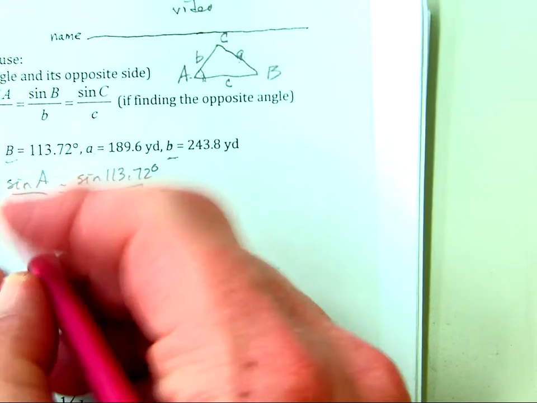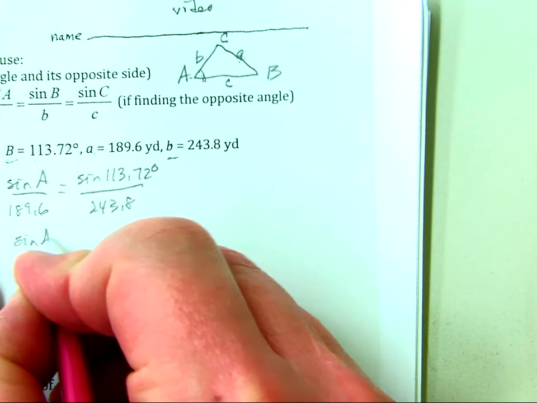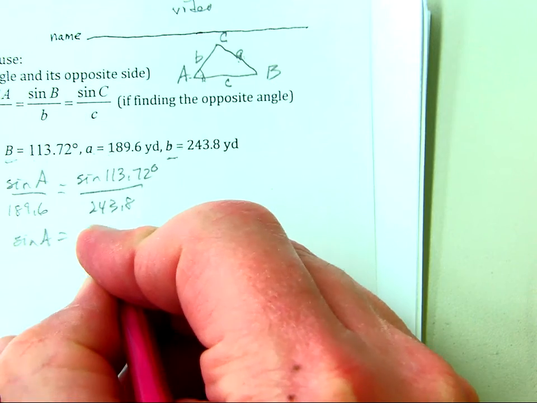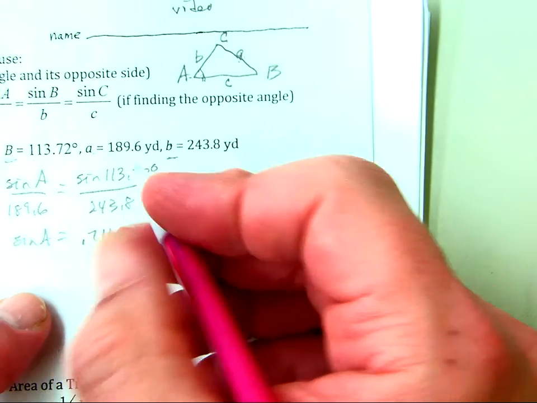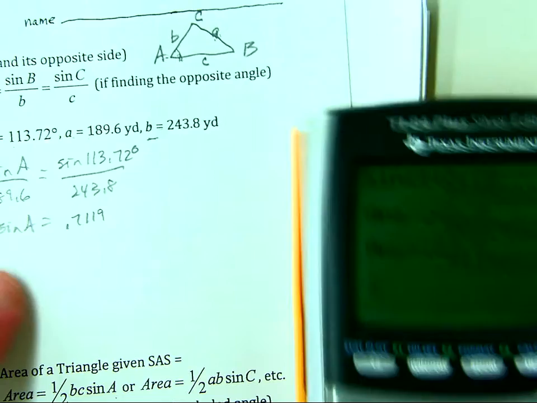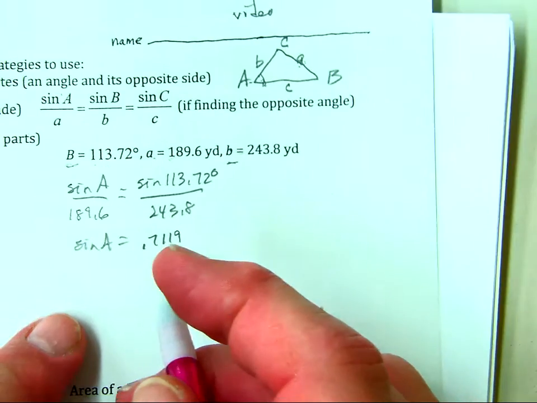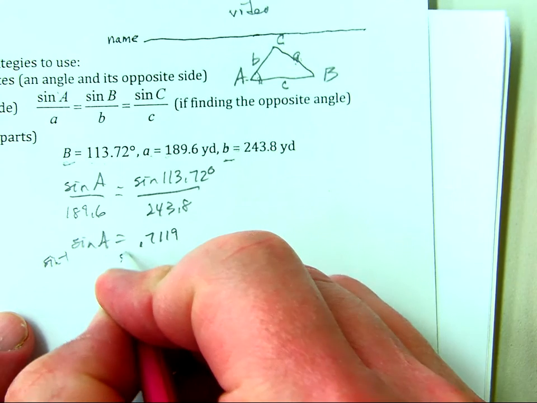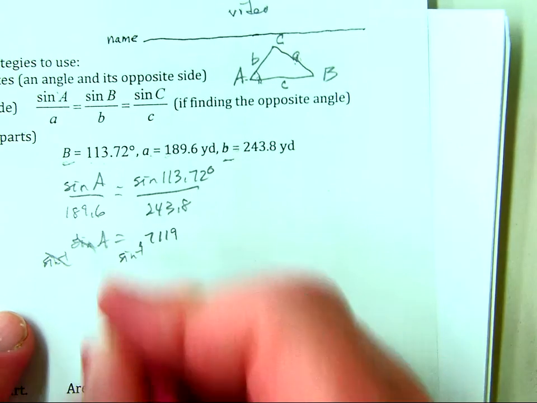Now notice we still have a sine A over here. So sine of A equals 0.7119. Well, now we just got through doing this in the last chapter. If we want to get A by itself, we take the inverse sine of both sides. To get rid of sine, we do the inverse sine.